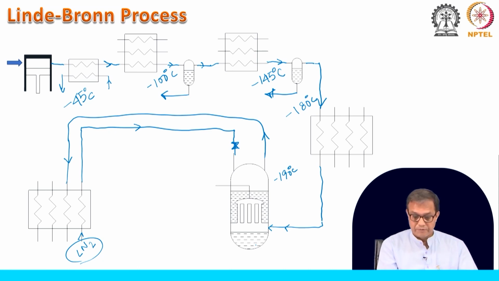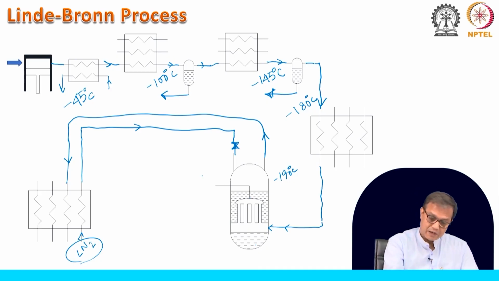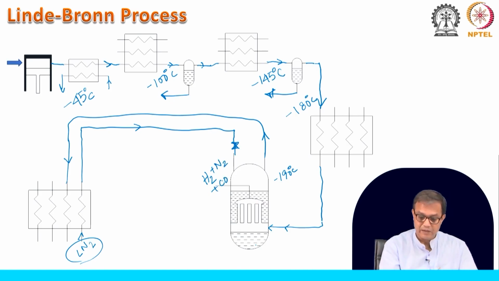Okay. So, this part which is getting collected on top is basically the hydrogen plus some amount of nitrogen and CO, and the methane is getting condensed over here. From here we will take out this mixture.